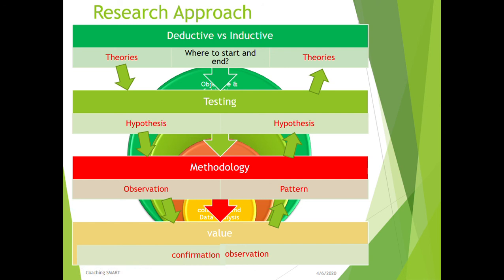Now, in the deductive, the reasoning is top down. You start from the theories, you move to the hypothesis, then you come to observation, then you confirm what you have come up with. So deductive is all about using the rules to get the specific information.